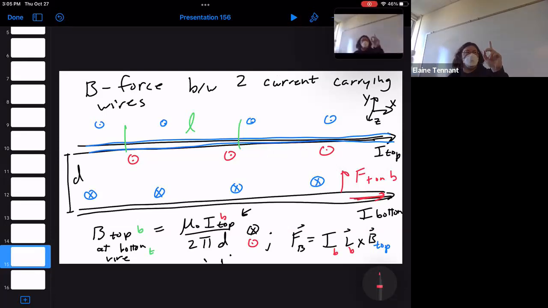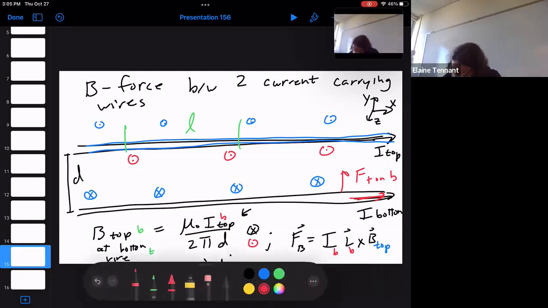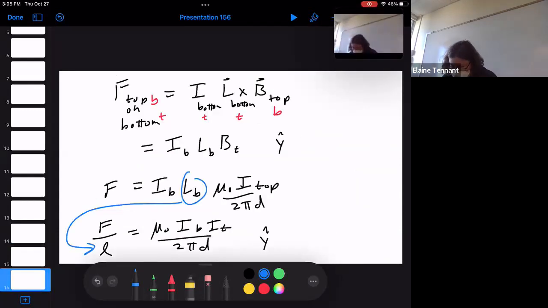And so instead of up, you get down. So you get a force bottom on top, like that. And so you'd have top, bottom. This would be top, this would be top, this would be bottom.